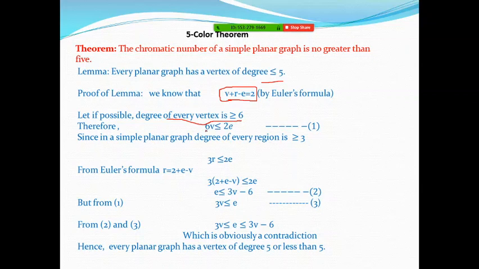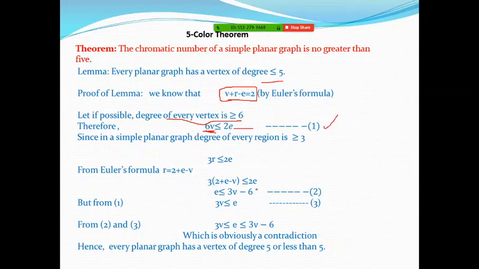Therefore, if we take 6 to be the degree of every vertex, then 6V is always going to be less than or equal to 2E. It is your handshaking theorem that the sum of degrees of vertices is always equal to 2E. So the minimum degree is assumed to be 6. So 6 into the number of vertices, 6V, is always going to be less than or equal to 2E. So it is one argument.